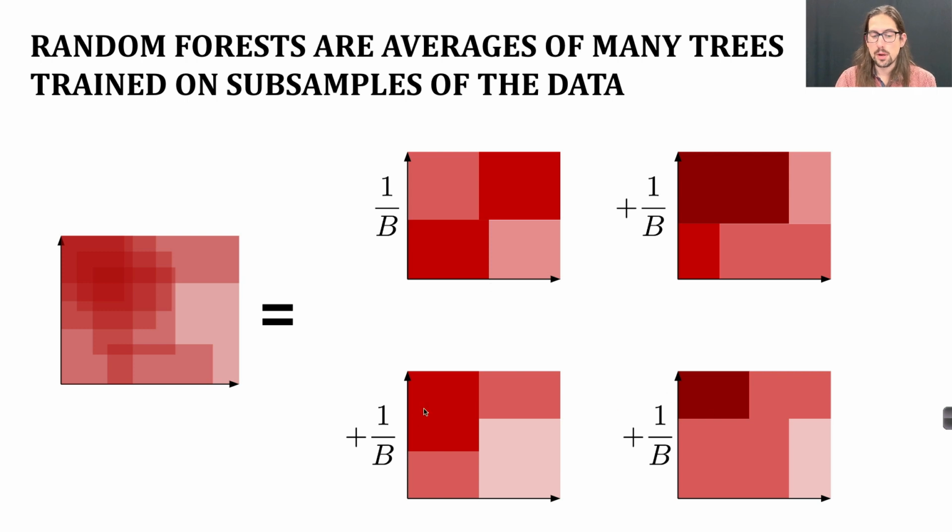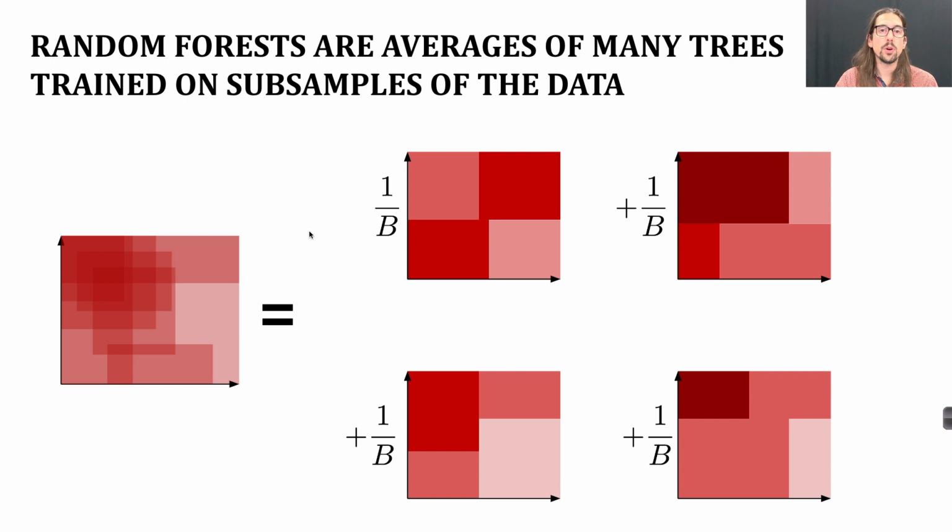But if you average 100 of these together, the function you get is going to look like this. Here, light is the lower values, darker is the higher values. What you can maybe see is that it's still this kind of piecewise thing, but it's much smoother than the original functions. And so oftentimes you're going to get a nice, more smoothed out fit of your data.